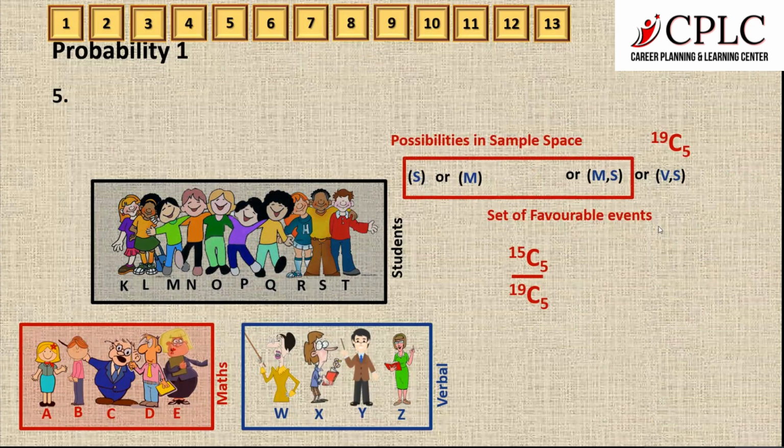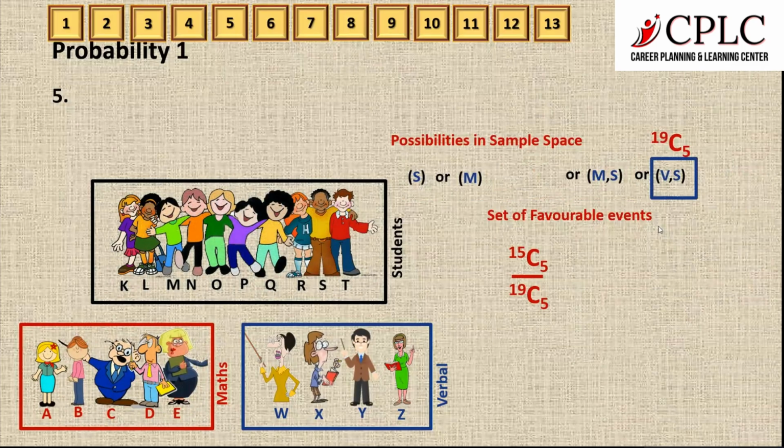So the set of favorable events would be 15C5, because out of 15 members we are selecting 5, upon 19C5. Verbal students would be 14C5 upon 19C5. But as it's an or, we will do plus, and we need to deselect the student part once, because if you observe, the student part is counted twice.